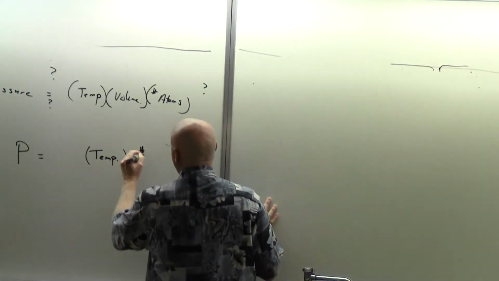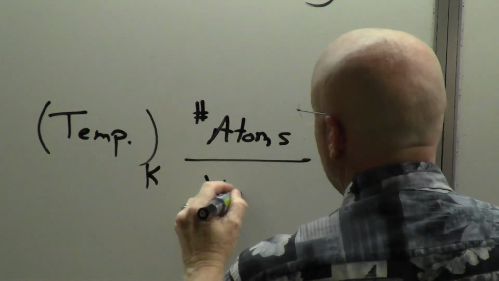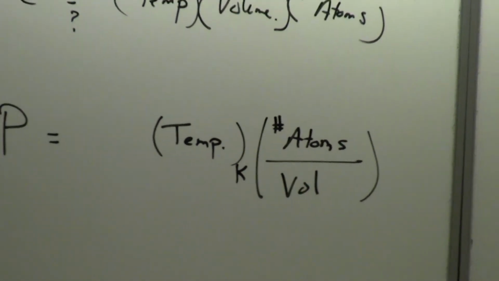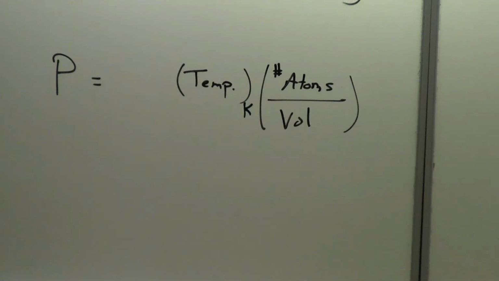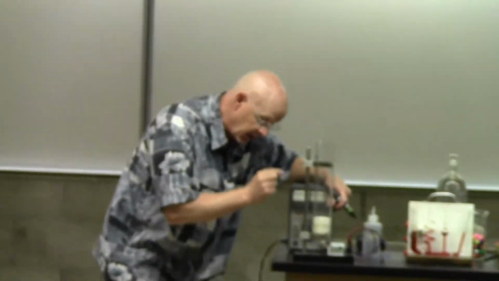What I mean by that is the number of atoms per volume. If I had a giant, enormous container, I might just have more molecules in there, but that doesn't mean more of them hit in a small area. Remember, pressure is the amount of force per area. So it's not the total number of atoms, it's the concentration of them.